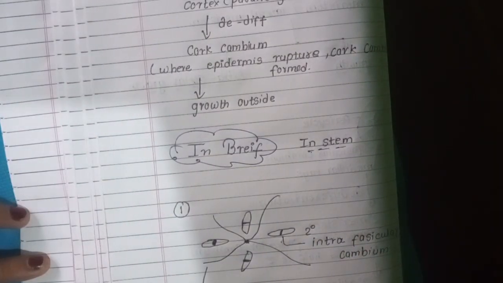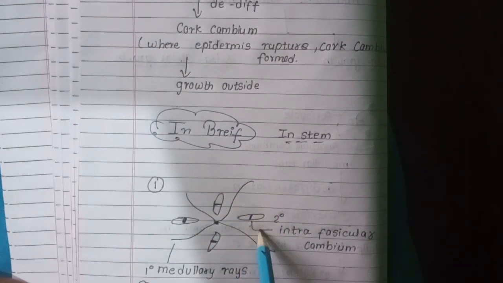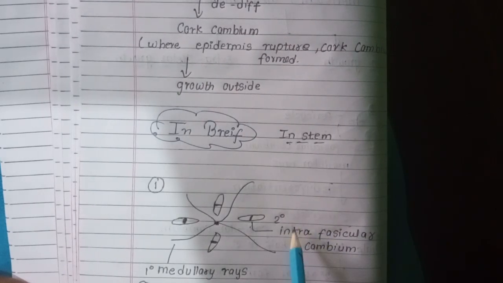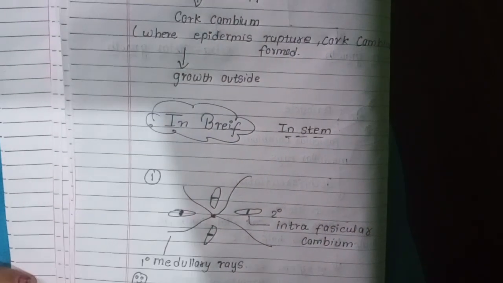In brief, this is how secondary growth occurs in the stem. Here we have the medullary rays, phloem and xylem, with the secondary intrafascicular cambium. We already have secondary intrafascicular cambium and primary medullary rays.